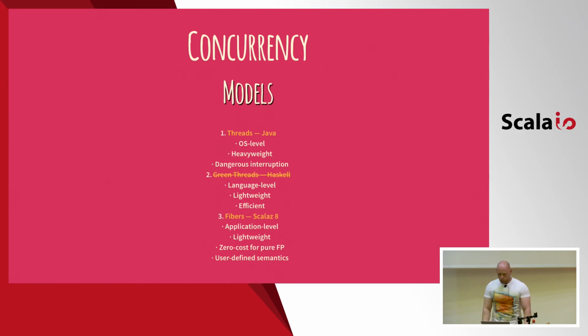And also, really interestingly, we can get them for zero cost in a pure functional program. The reason for that is pure functional programs written in I/O have to be interpreted into the effectful world. So they already have a runtime system, and we can throw other stuff in there at no cost. In fact, not only do fibers have no cost for pure FP applications, but we can define their semantics.